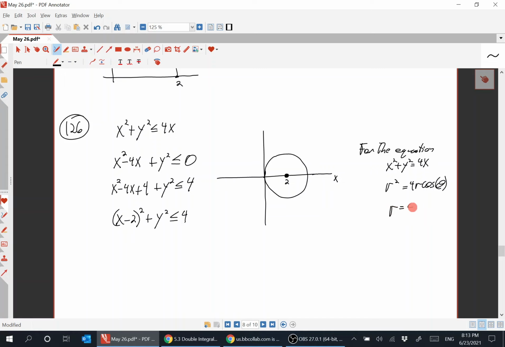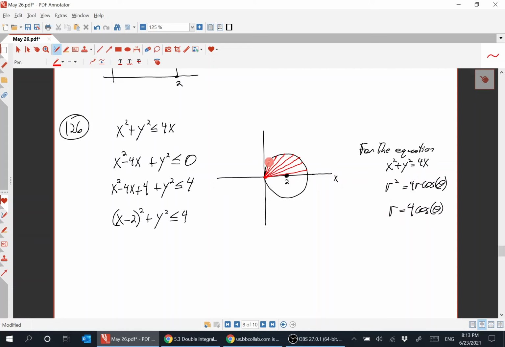So r is equal to 4 cosine theta. So this is r equals f of theta. As theta goes from 0 to 2 pi, you're getting r values that put you inside here.